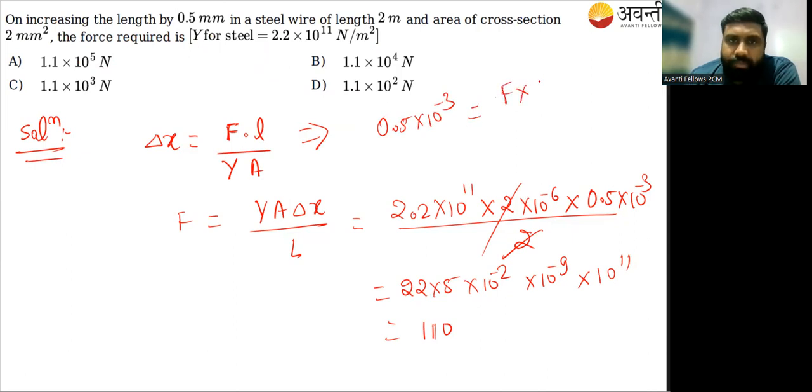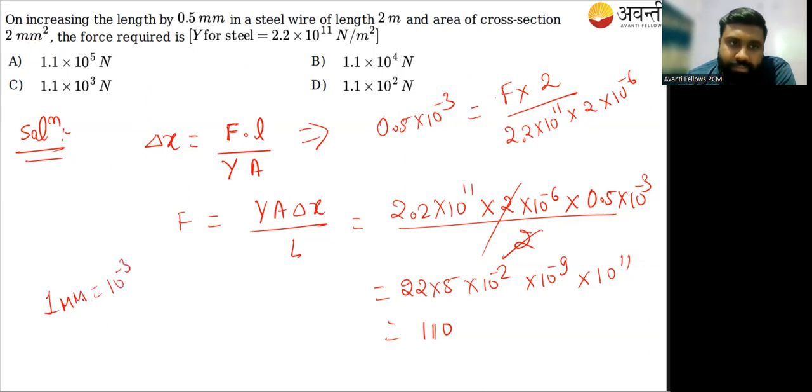So F equals Y A delta L divided by L, with L as 2 meter, Y as 2.2 into 10 raised to the power 11, multiplied by the area, which is 2 mm square, which means minus 6. Because 1 mm is 10 raised to the power minus 3, so mm square will be 10 raised to the power minus 6. Okay, so if you go according to this equation, you are finding the right answer in this way.